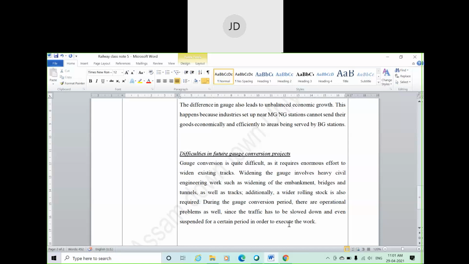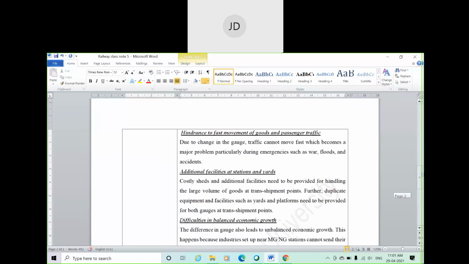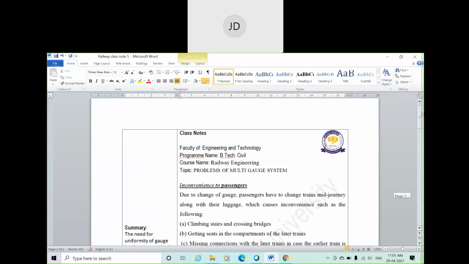During the construction, during the shifting of the gauge, the movement of the train must be slowed down or suspended for a period during the executing time. Got it? So this is all about the problem faced by a country having a multi-gauge system. Even India is facing this kind of problem.